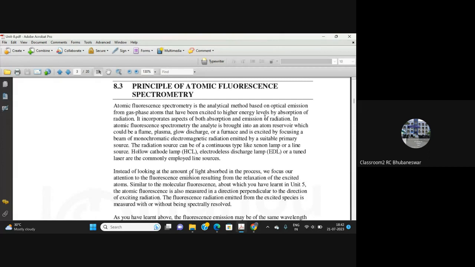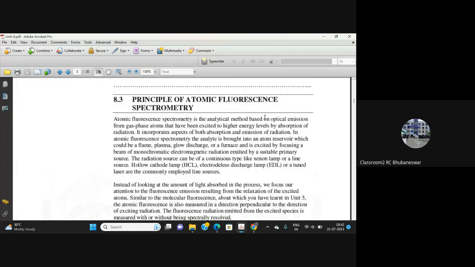So, what is the principle of atomic fluorescence spectroscopy? Atomic fluorescence spectrometry is an analytical method based on optical emission from the gas phase of atoms that have been excited to higher energy levels by absorption of radiation. So it incorporates aspects of both absorption and emission of radiation.